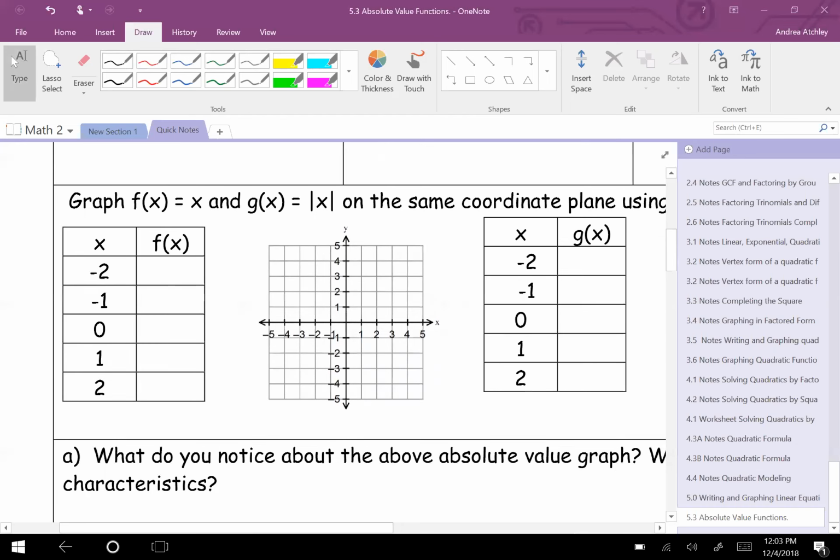Okay, so next one. We're going to graph absolute values and a linear equation. So the first one, we're just going to do with the function f of x equals x, the parent function of a linear function. So we're just plugging it in. When x is -2, f of x is also -2.